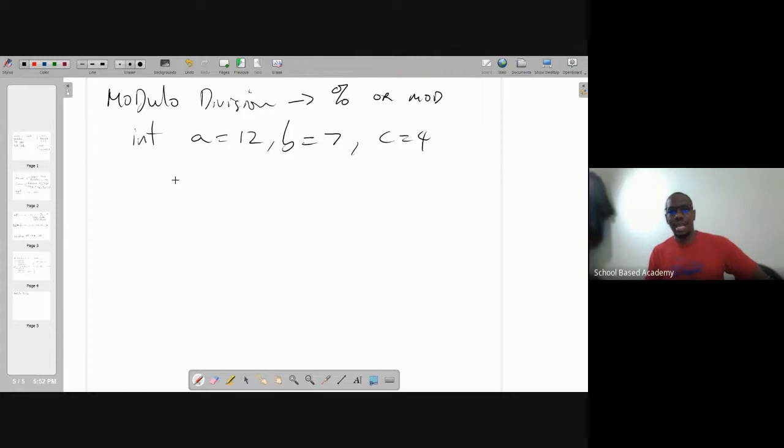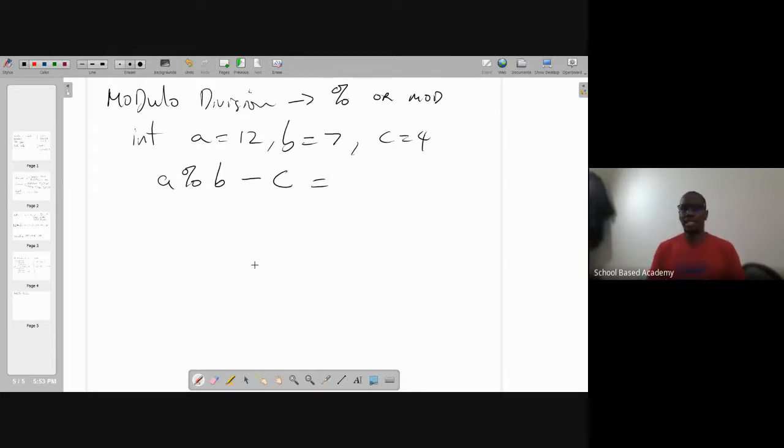So if we say a modulo divided by b, minus c, what is the result of this operation going to be? I'm asking those persons who were there last week.